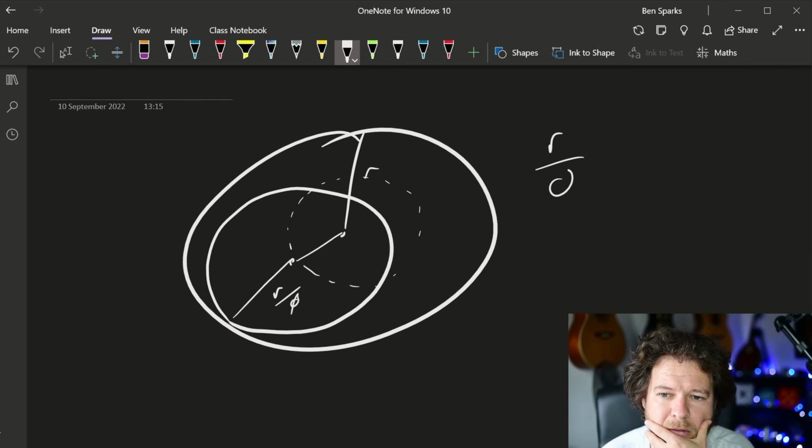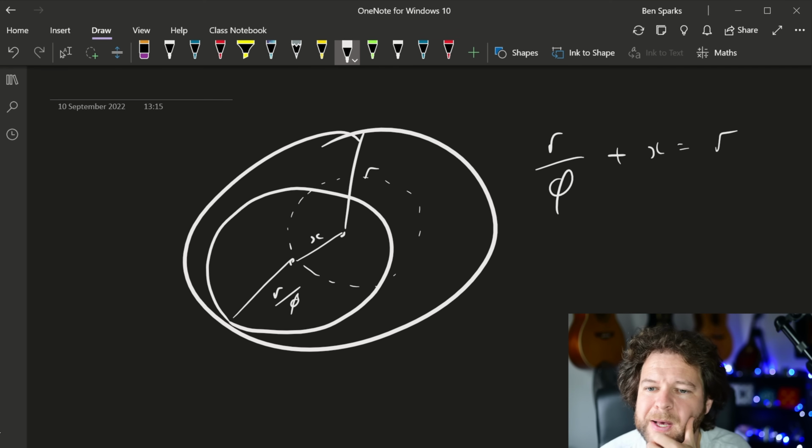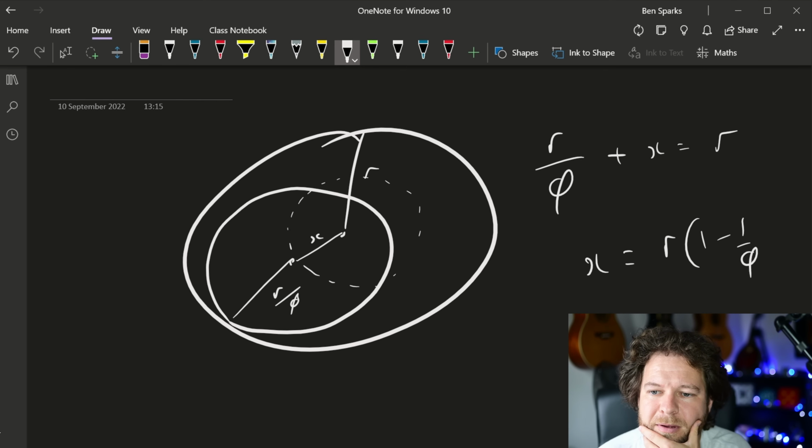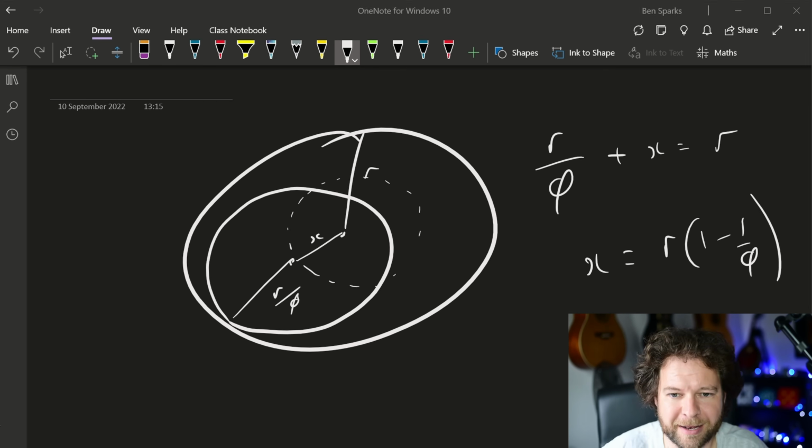So r over phi, plus x equals r. Well, that can't be that hard. So x equals r times 1 minus 1 over phi. Okay, let's sort that out then.